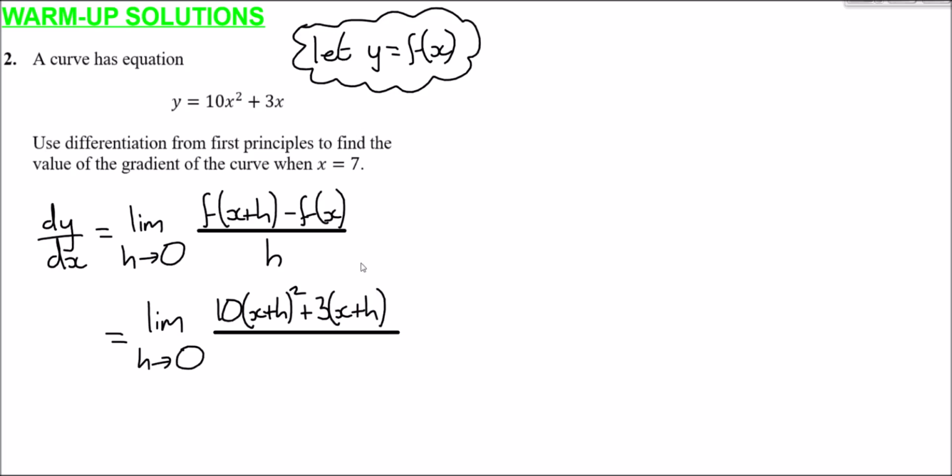And then if we subtract away f of x, need a longer fraction line because this is quite a mouthful, we're going to subtract away 10x squared plus 3x. And all of that, again, is over h.